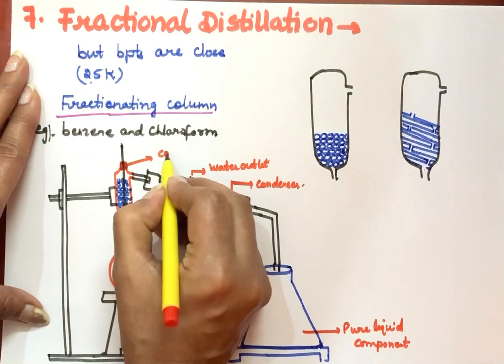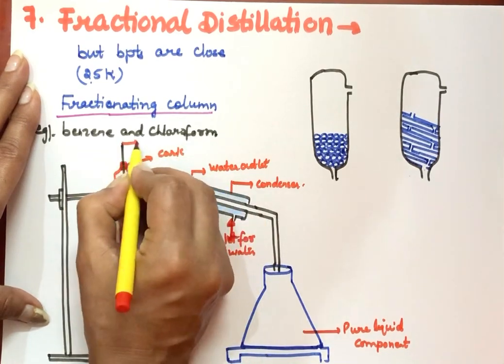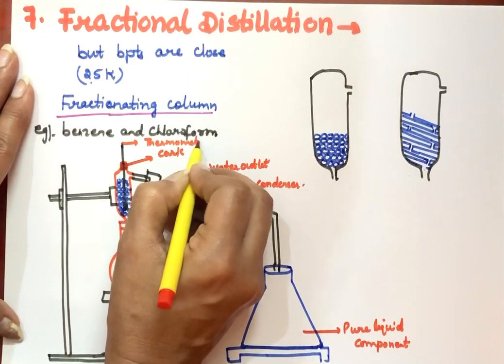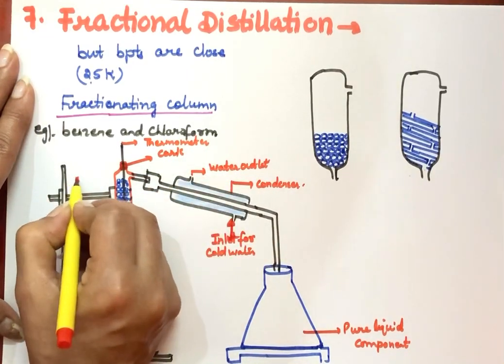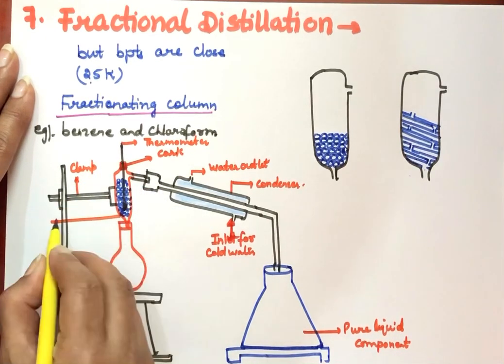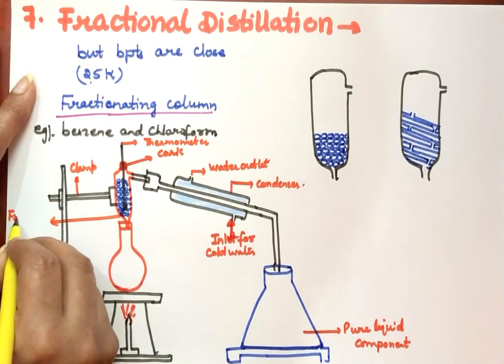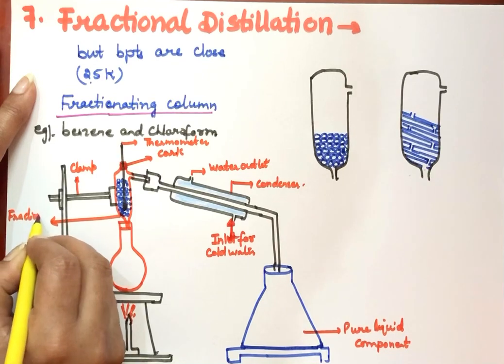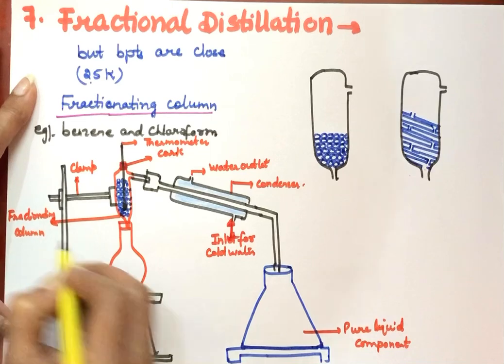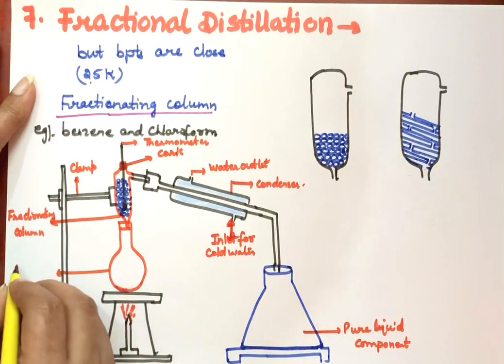This is a cork, thermometer. This is a clamp to fix this apparatus. This is the fractionating column. This is the distillation flask.